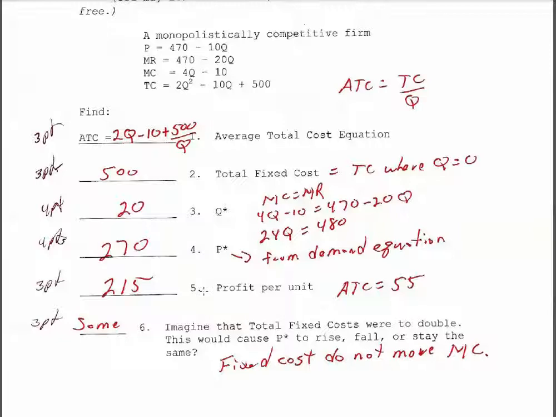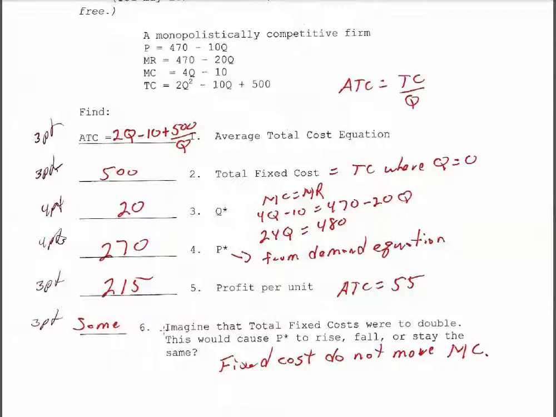And then the profit per unit is simply the difference between the price, which would be P star, this thing, and the average cost, which you could get from here. Putting the Q star into this would give you the average cost per unit. This is the selling price per unit, and the difference between them would be the profit per unit. Those are all kind of straightforward algebra questions about the curves.